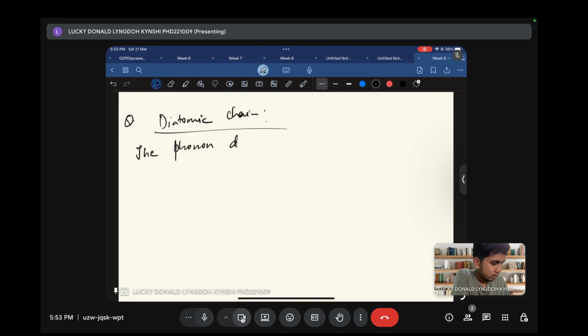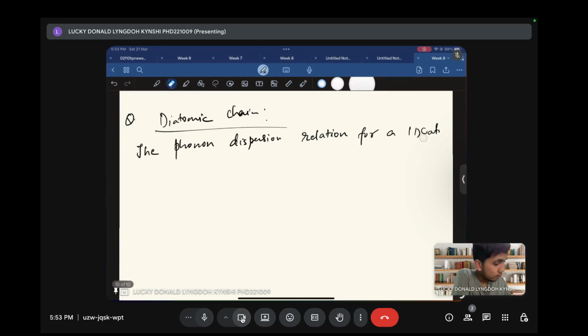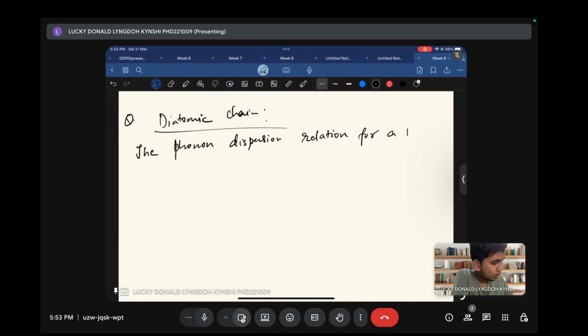So I can write the phonon dispersion relation for a 1D lattice with masses m1 and m2 is omega square.